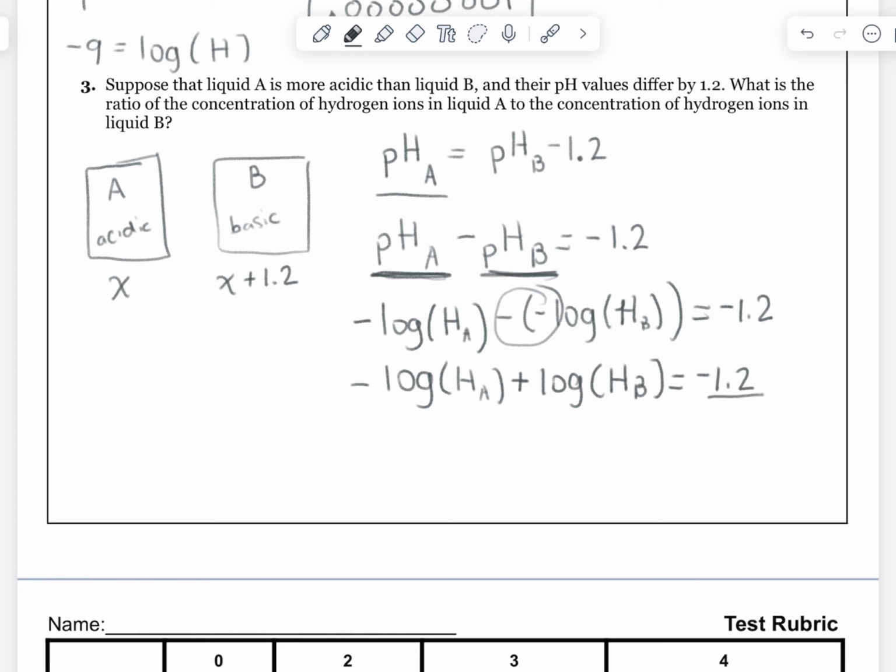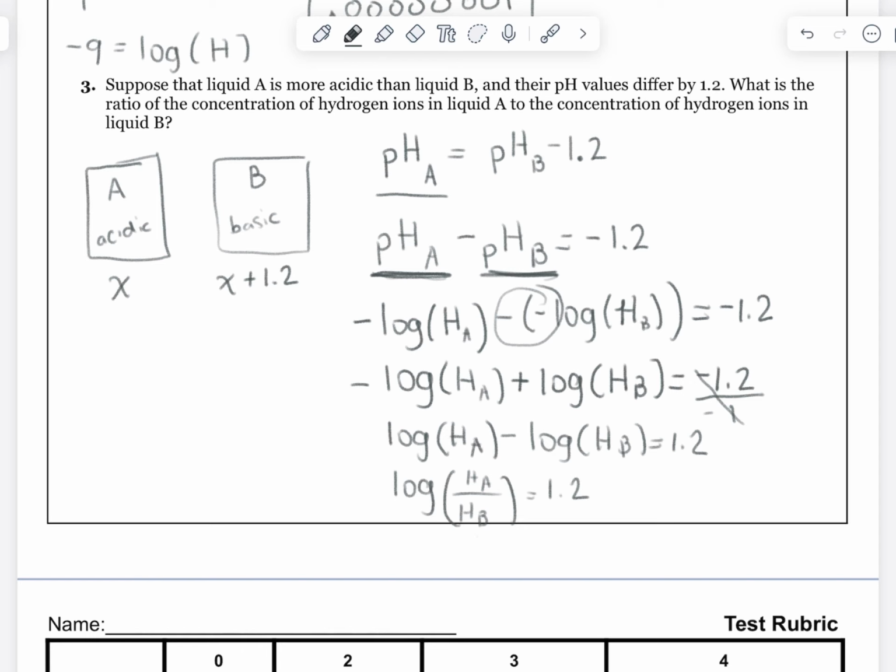Okay, well, let's start by dividing both sides by negative 1. What's going to happen? It's going to switch the signs of everything on the left side. So it's going to become log of H sub A minus log of H sub B equals 1.2. Okay, well, you're subtracting two logarithms that have the same base, so make them a division. Log of H sub A over H sub B is equal to 1.2. This is no longer useful to us.